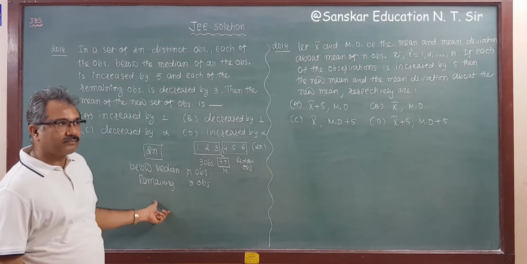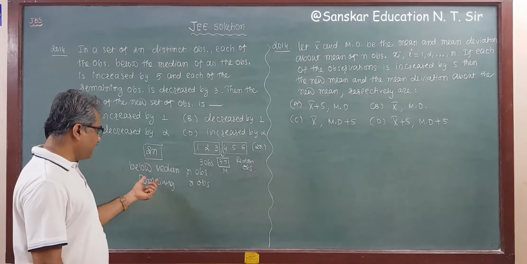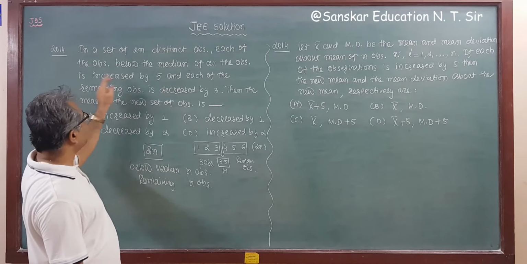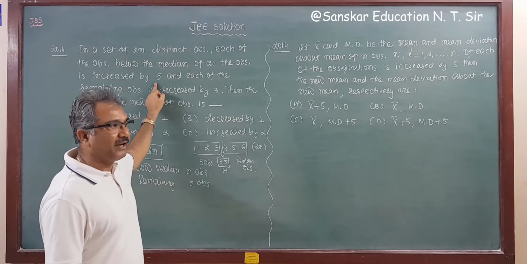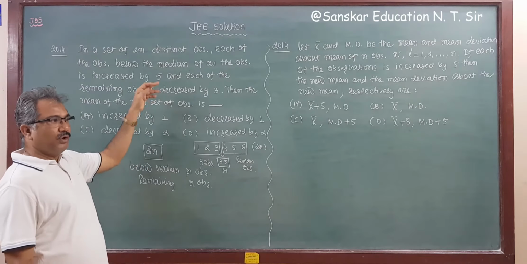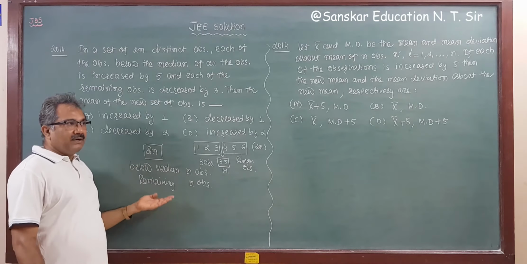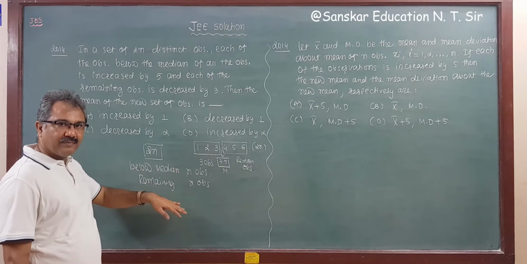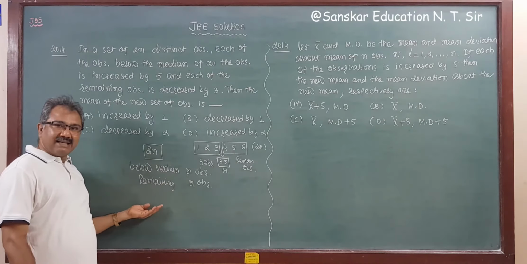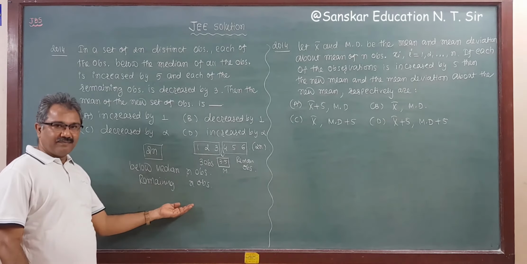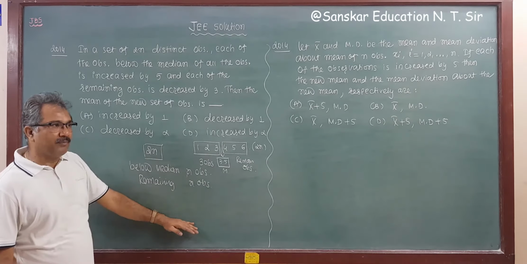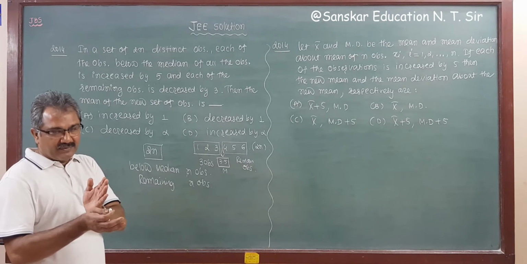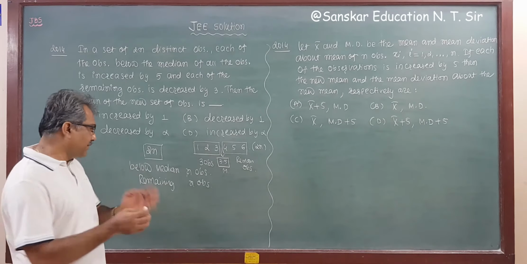Now each observation below the median is increased by 5. So what do we get here? The net difference is 2n, and the total number of observations is 2n.